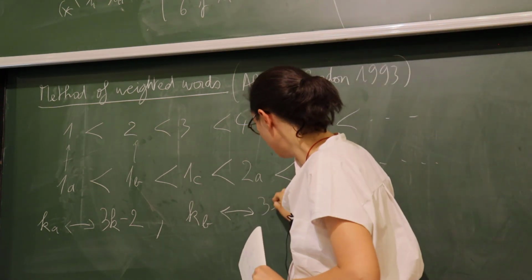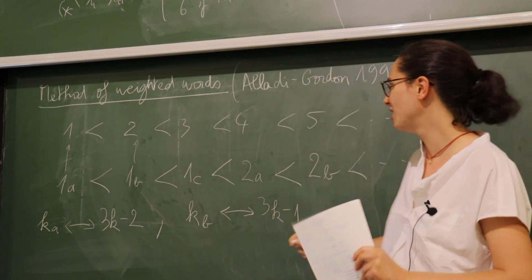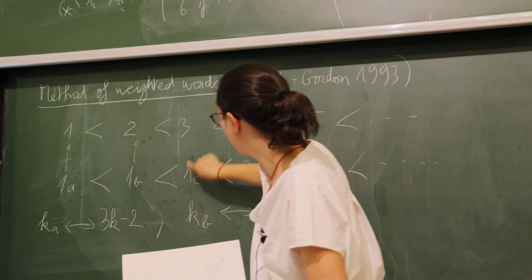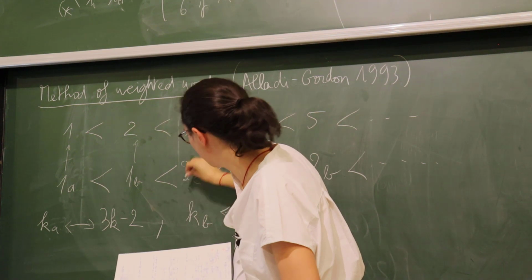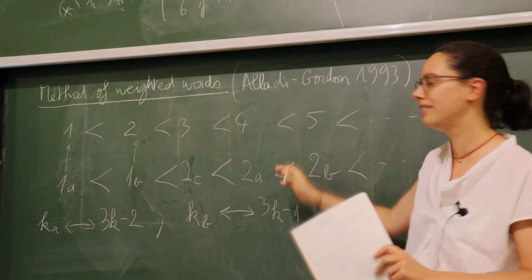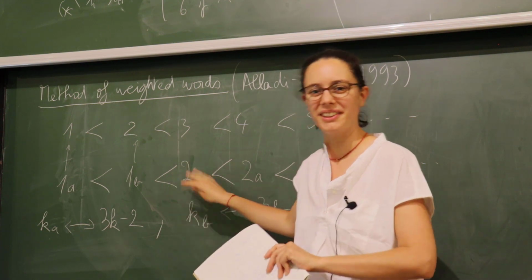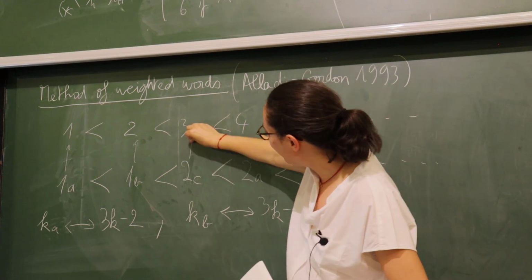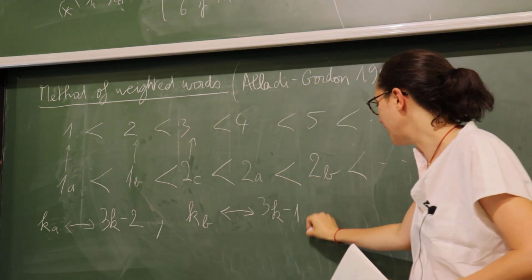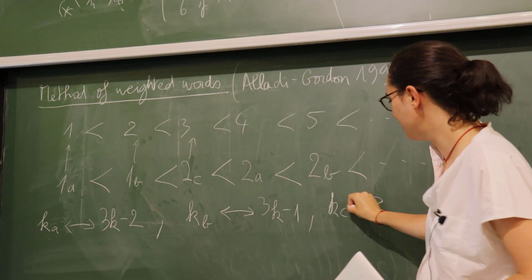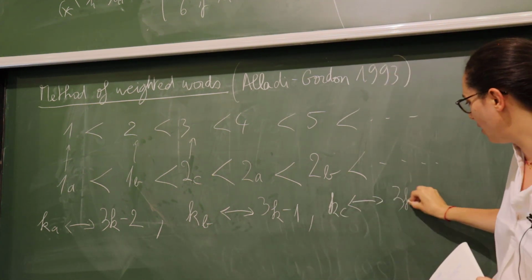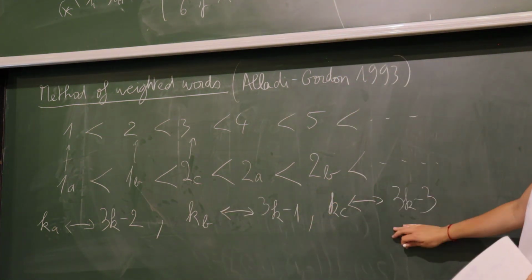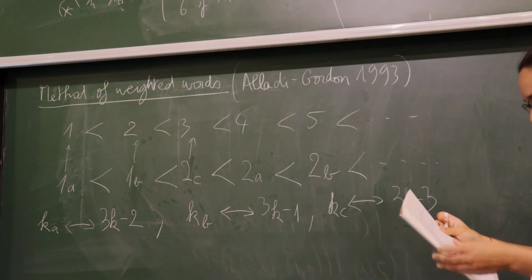Thank you, great. Good answer, 3k minus 1, indeed. And, oh, I did something wrong, I'm so sorry. Actually, that was a 2. We could make it work that way, but it would not always be super nice, so for convenience, if we want 2c to correspond to 3, then that means we would like to transform kc into 3k minus 3. Okay, so those are the correspondences between colored integers and normal integers.